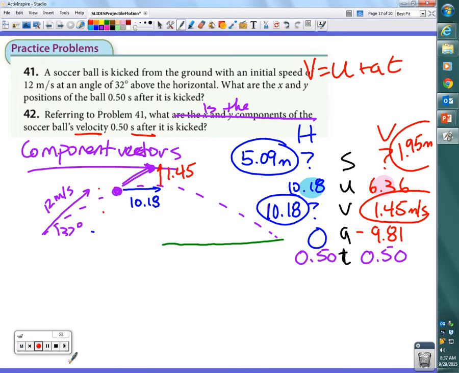Okay? Do it. So what am I going to do to find the velocity? Pythagorean theorem, right? Go ahead, do it.